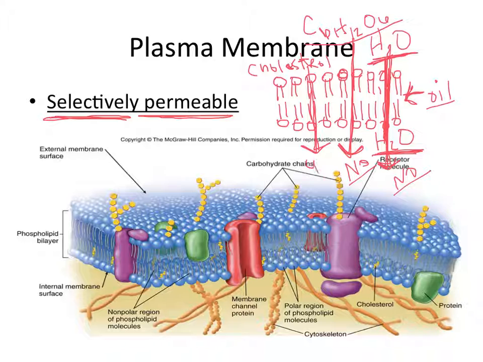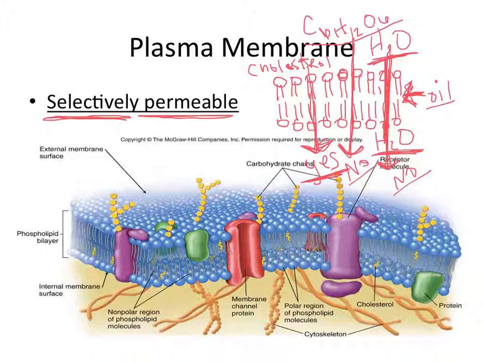That answer is yes, it can. Why? Because cholesterol is hydrophobic. These tails are also hydrophobic. So can something that's hydrophobic mix with something else that's hydrophobic? Yes, it can. So cholesterol would be able to pass through.